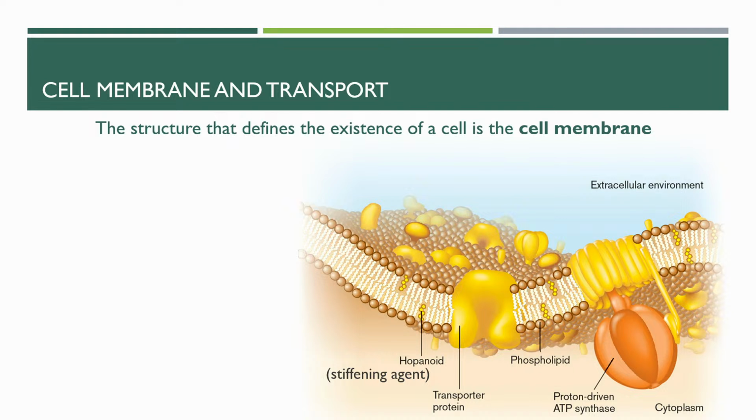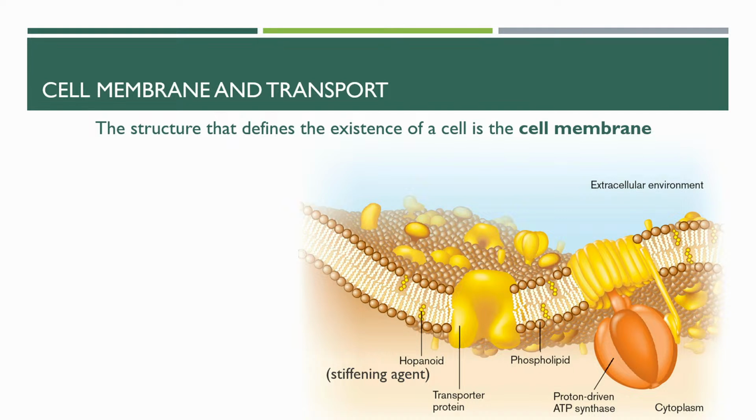There are other things that are in this image. There are these proteins that are embedded in the cell membrane. These are used for transport in and out of the cell. And there are also these hopanoids. They're stiffening agents that generally people just don't talk about in general biology, but this class is a little more advanced, so we'll talk about some of the other components.